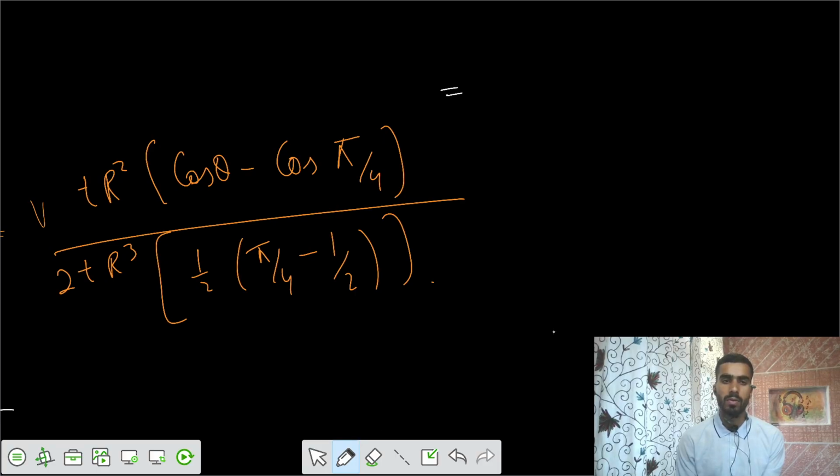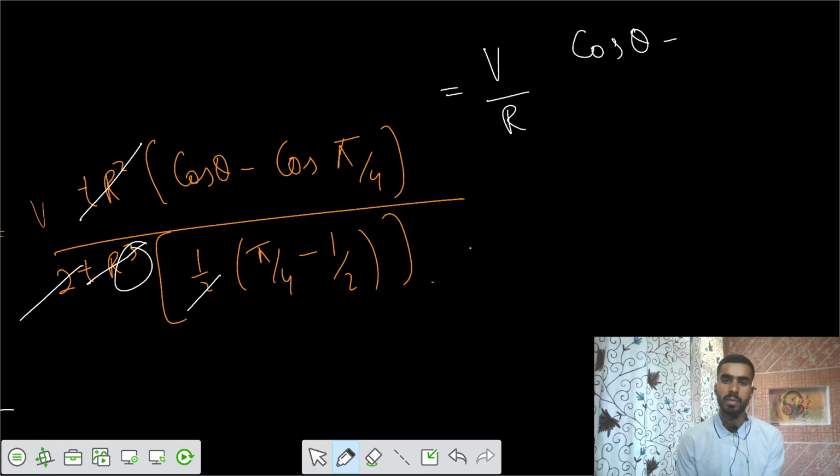So we got a value of V, this goes, we are left with the R here, so we are left with R, and this 2 goes, and we can write it in terms of cos theta.